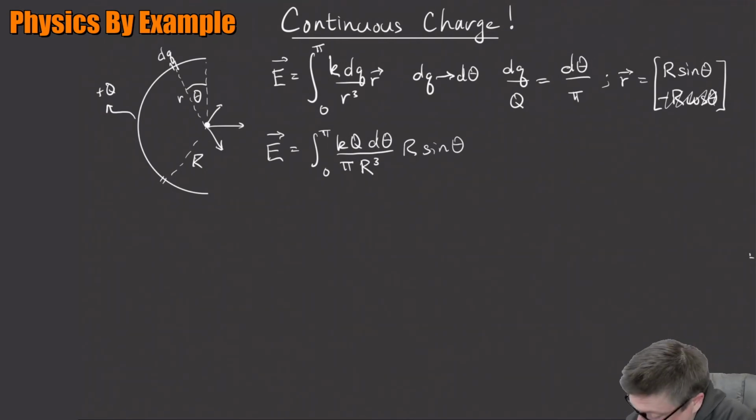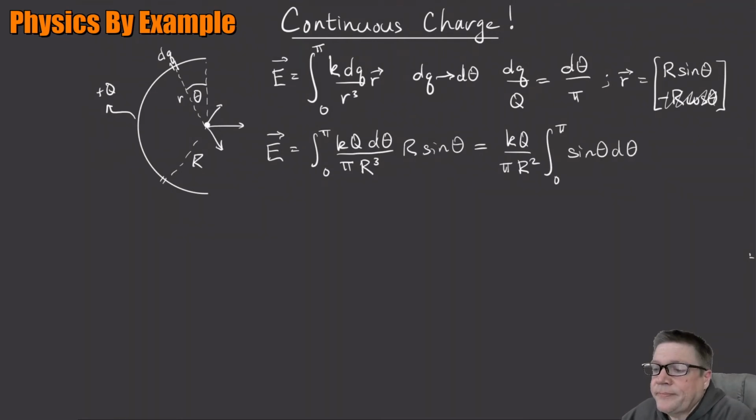Let me bring the constants out front. It's going to be kQ over pi R squared, because the r's cancel, integral from 0 to pi of sine theta d theta. That's a pretty simple integral to do, as long as you don't get messed up by the signs, which I always do.